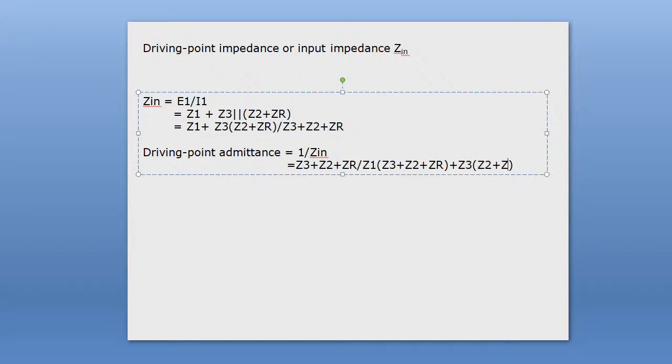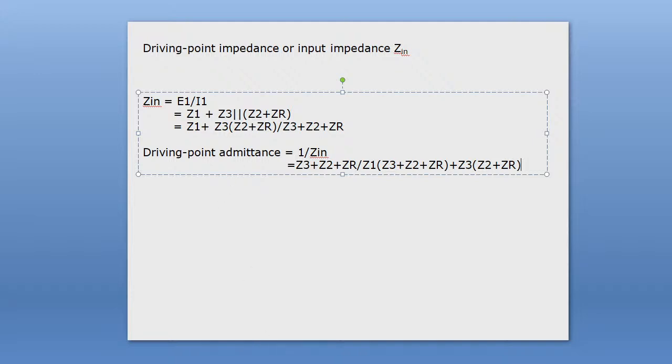That is, (Z3 plus Z2 plus ZR) divided by the sum of the products Z1 Z3, Z1 Z2 ZR, and Z3 Z2 ZR.